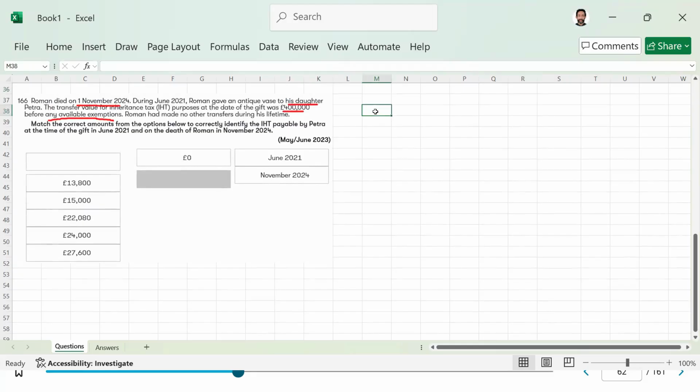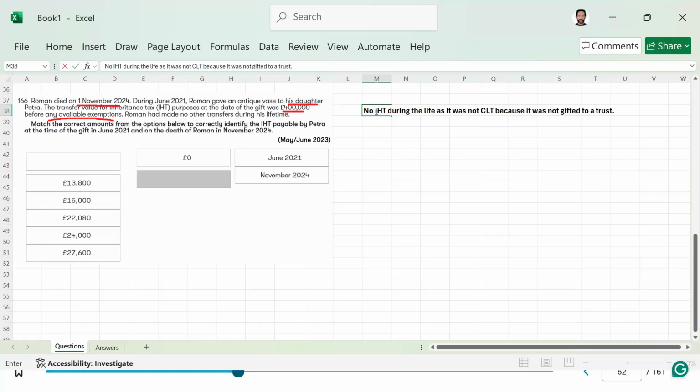So here we go. This is the IHT during the lifetime, nil, as it was not a chargeable lifetime transfer because it was not gifted to a trust.